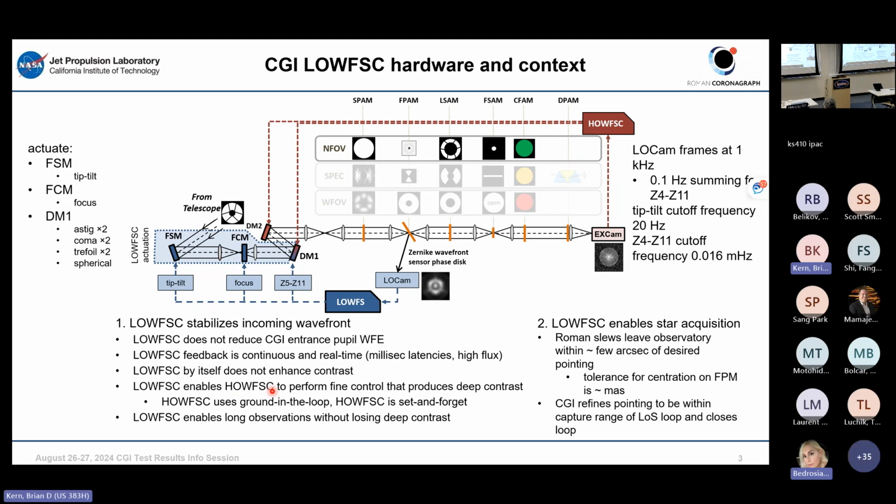This should just keep any disturbances from making it harder to do higher order wavefront sensing and control. And then after that is done, this lets you take a long observation and maintain that contrast, not only in a mean sense, but also in a differential sense, which if you tune in tomorrow, I'll talk about that.